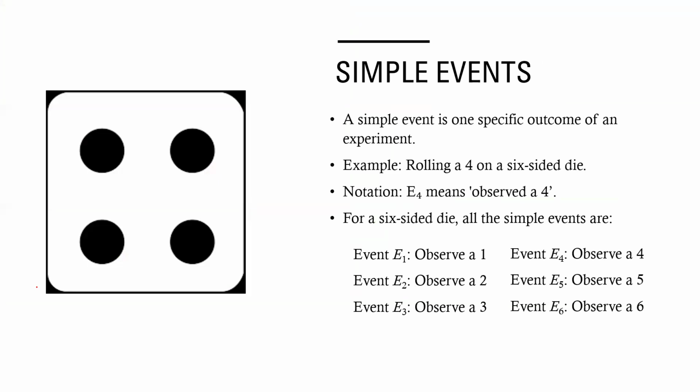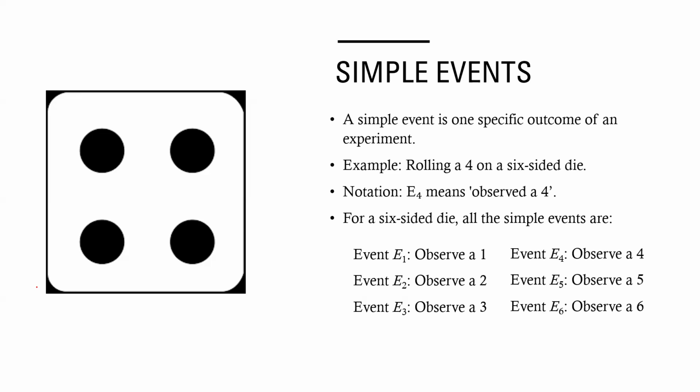A simple event is just one specific result from an experiment. If you roll a six-sided die and get a 4, that outcome is called a simple event. We might label it as a capital E subscript 4, meaning the event where we observed a 4. Each possible individual outcome is considered a simple event.